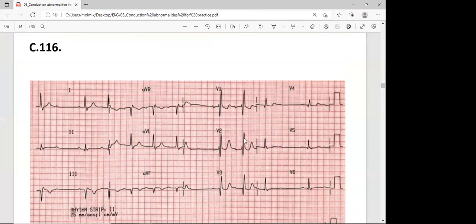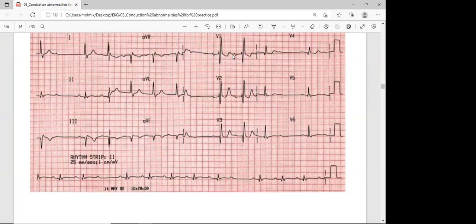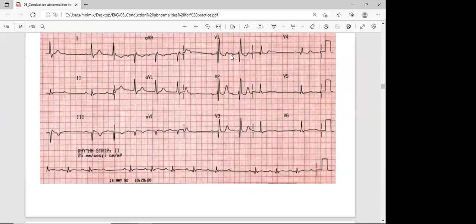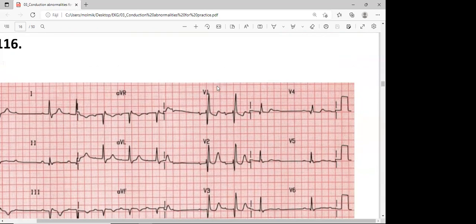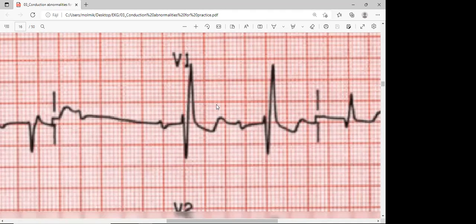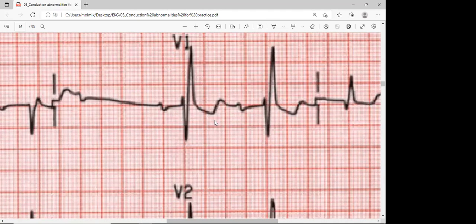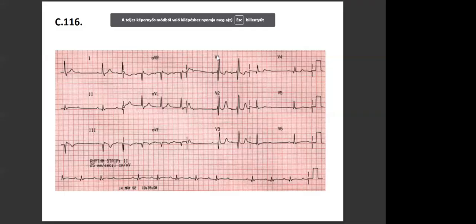Next one that you have to look at, the width of the QRS. Normal and this is 1, 2, 3, 3.5. So it's bigger than 0.12 seconds. So that's wide. That's the left. No, right.